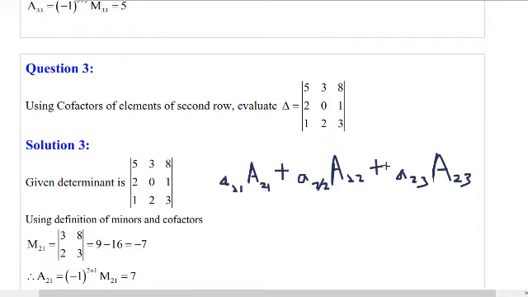So this is the actual formula of calculating the determinant. So in first exercise we have learned some sign conventions. When you are finding the determinant using this technique, this formula, then you do not need to remember the sign convention. Simply you can calculate determinant. Okay, so now see, a21 is 2, a22 is 0, and a23 is 1.